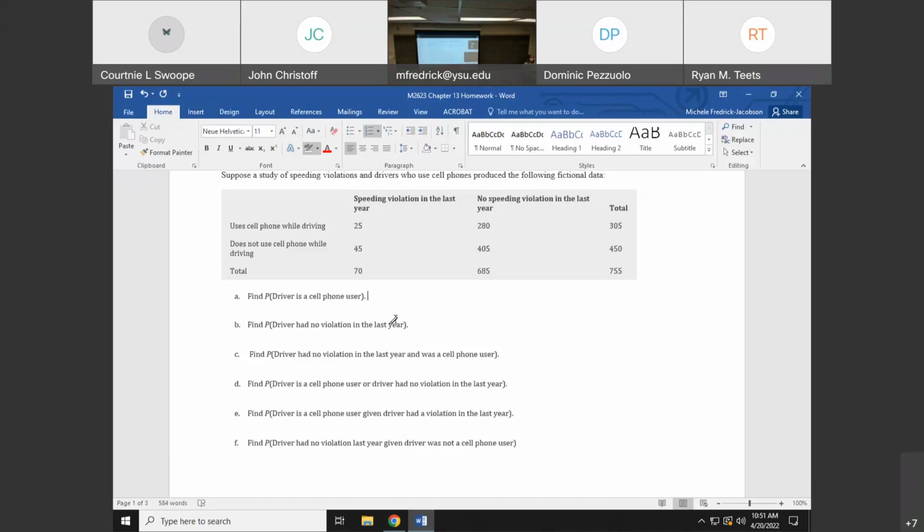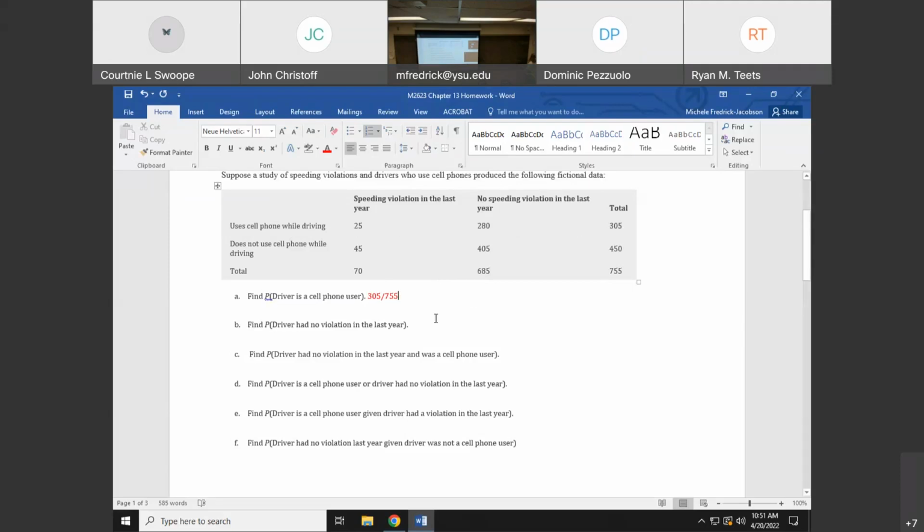Good, everyone? Hopefully. Okay, we'll see. So the probability the driver is a cell phone user, so uses a cell phone, would go across. So 305 divided by the total, 755.